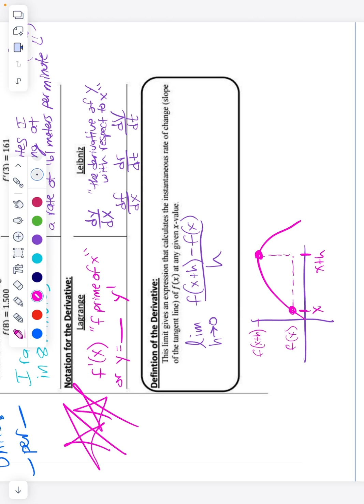Okay, we want to bring this point closer, closer to x, such that h goes to 0. So we have the slope of what? Tangent.